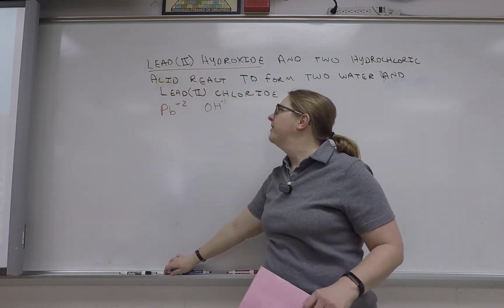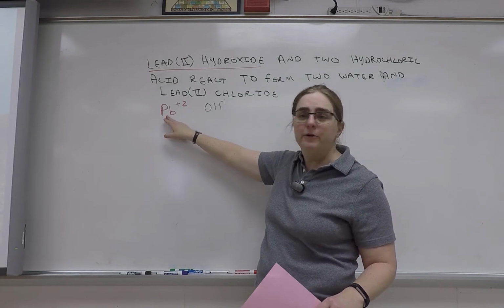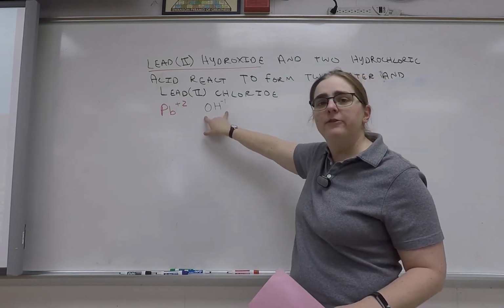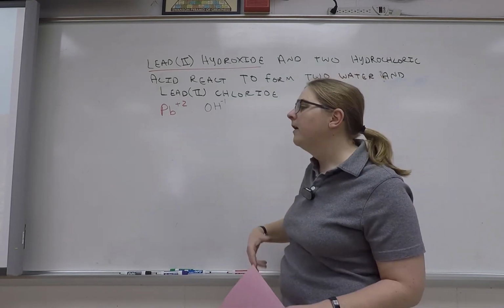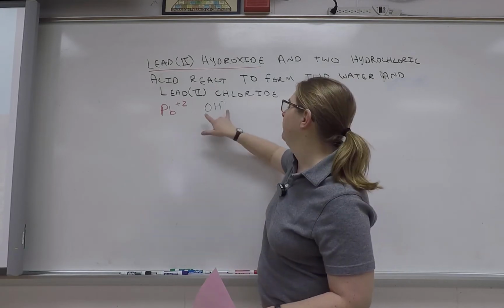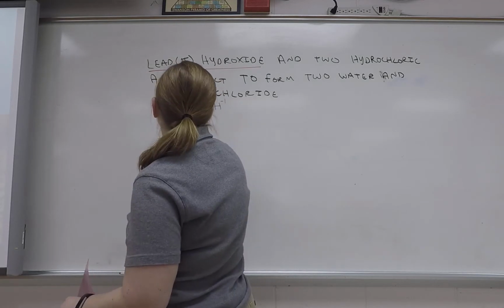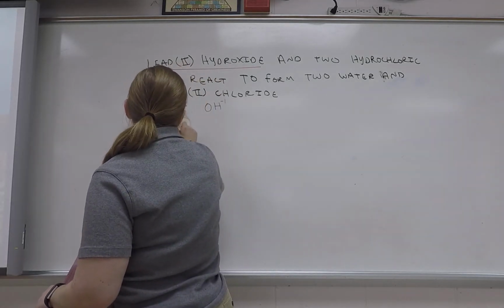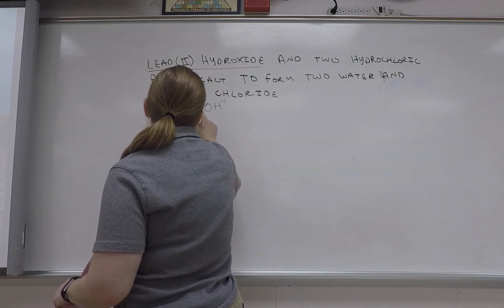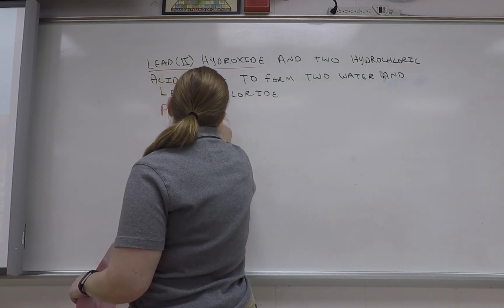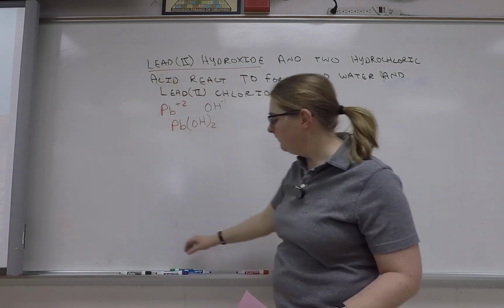So that means that lead has a charge of plus 2, and hydroxide has a charge of minus 1. We want to get the total charge to 0, so I need 2 OHs to go with this Pb. So my lead 2 hydroxide is going to be Pb, and then I'm going to put the OH in parentheses with a 2 after it.